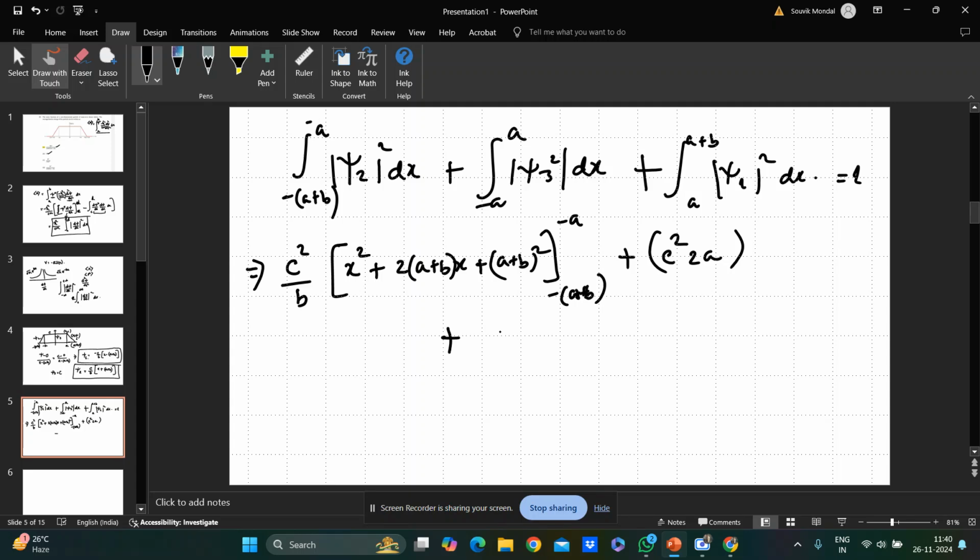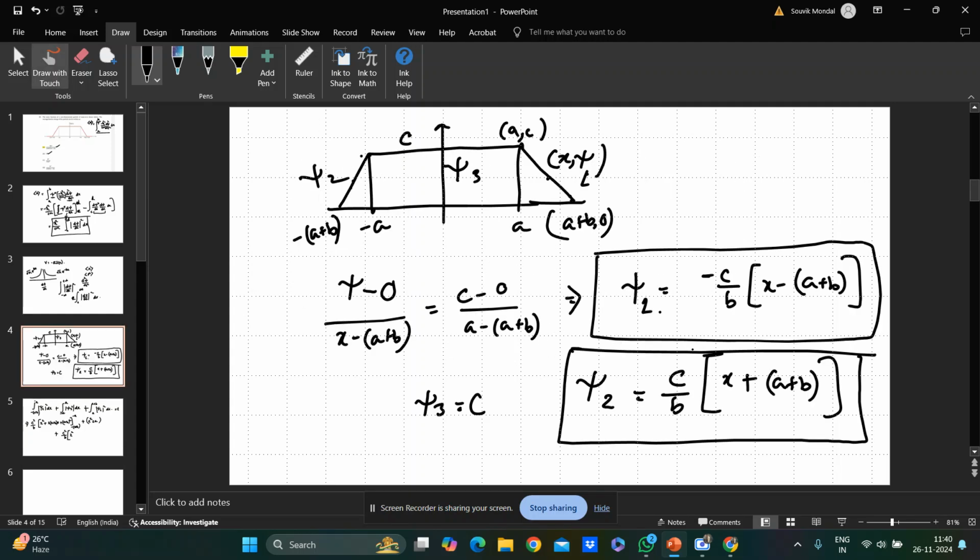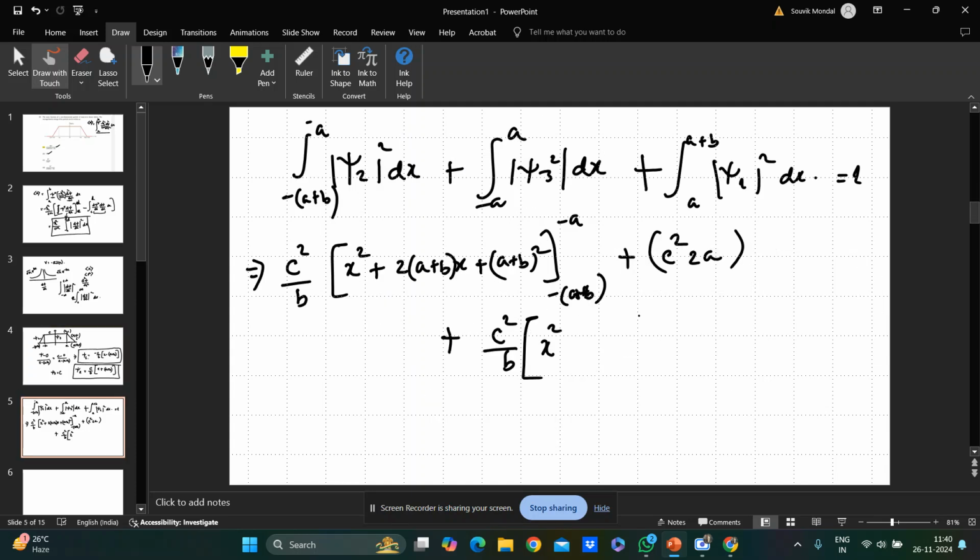Plus c square by b square times x square minus 2 into a plus b into x plus a plus b whole square, right?